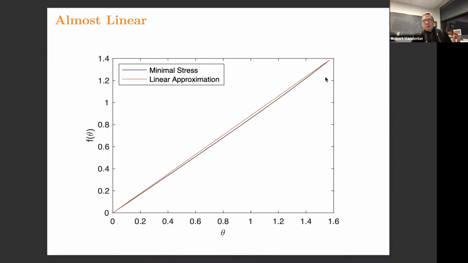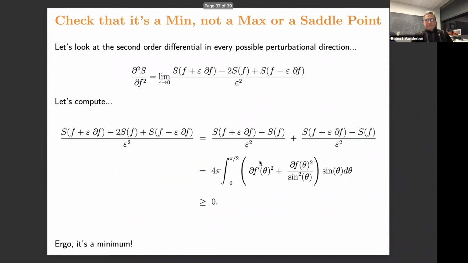Look at how close it is to a linear solution. It's really, really close, but it's not linear. This plot is what totally excited me, is that we have an interesting, non-trivial, infinite dimensional differential equation to solve, an infinite dimensional optimization problem, and we get a solution that's almost a straight line, almost linear, but not quite.